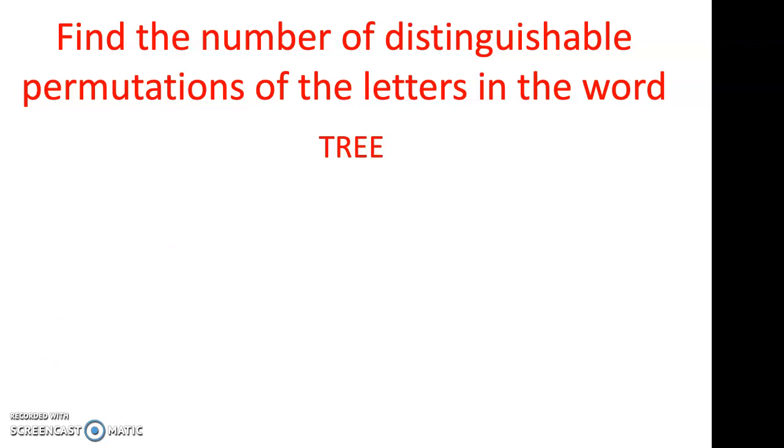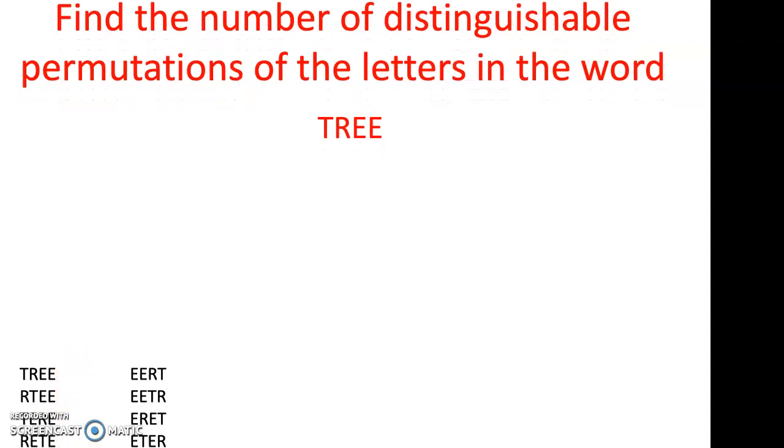So what I did here was I wrote out all the different options. Let's see if I can move this up. All right. You can see all the different options right here. Because the E's are duplicated, we're restricted in the number of options, so we can't do 4P4.